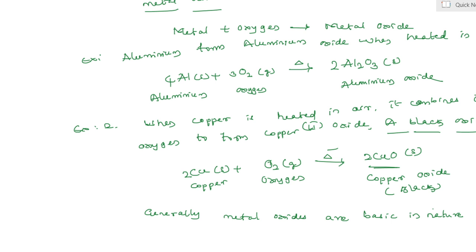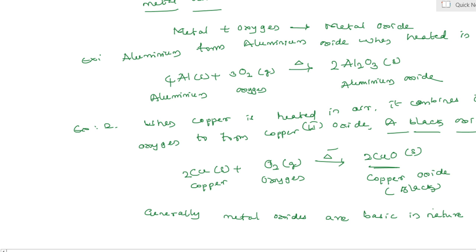Here some exceptions are there. Some metal oxides such as aluminum oxide and zinc oxide show both acidic and basic behavior. Such metal oxides react with both acids as well as bases to produce salt and water.